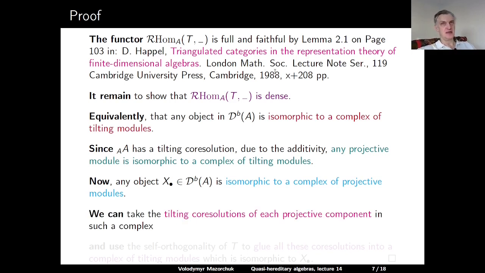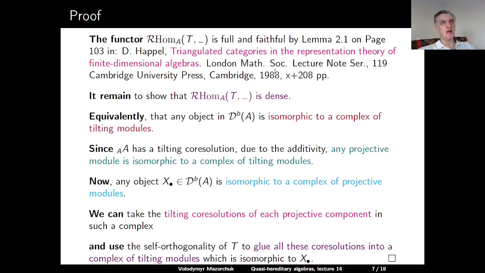And now we can take the standard iterative construction: we co-resolve each projective component of this complex by tilting modules, and then we use the self-orthogonality of T to glue these tilting co-resolutions of each component into a complex of tilting modules. And this implies our main result.